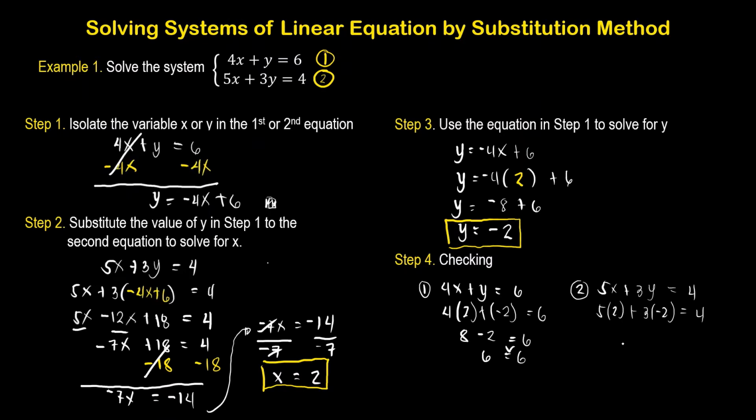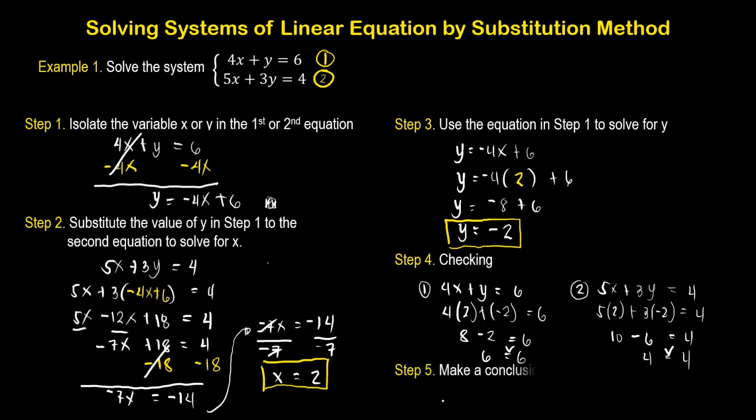So, let's find out if this is equal to 4. So, 5 times 2 is equal to 10. Then 3 times negative 2, this is equal to negative 6. Therefore, 10 minus 6 is just equal to 4, which is equal to 4. So therefore, it satisfies both equations of the given system.